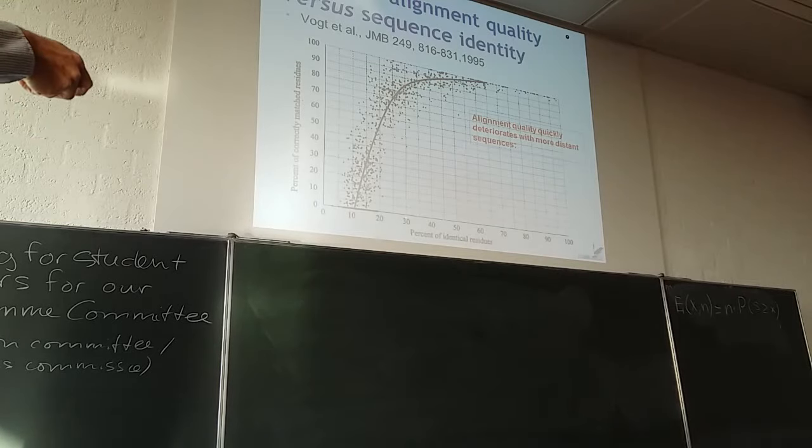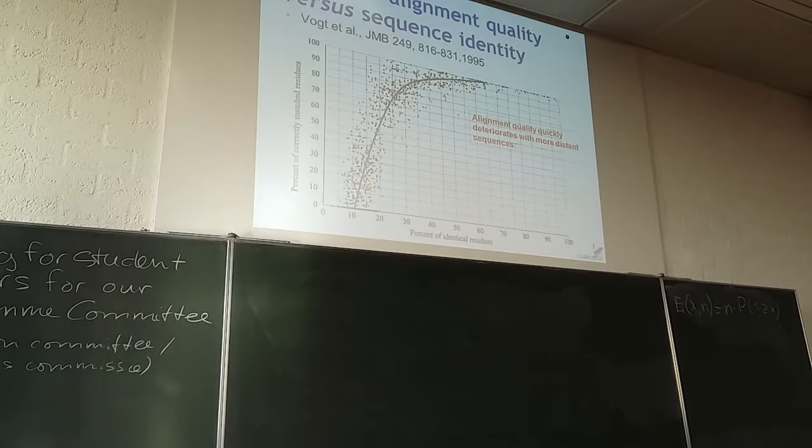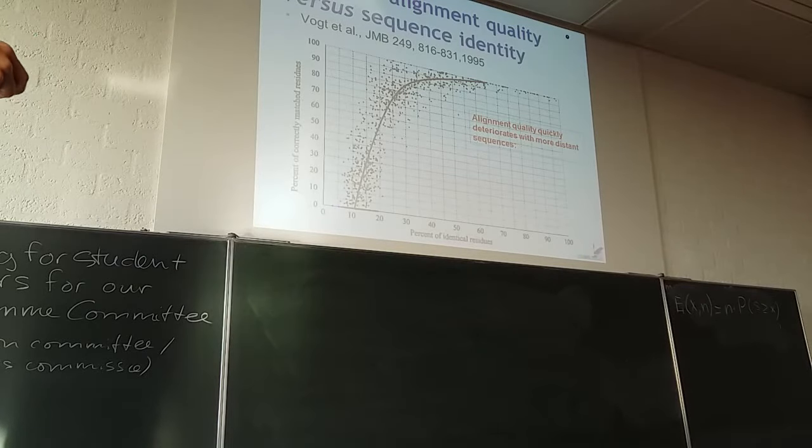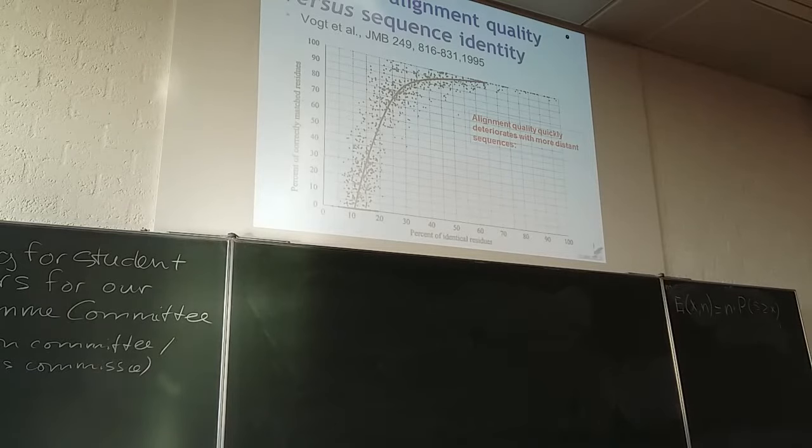Even down to 30%, you can see that in most cases you'll still have 80 to 90% of the alignment correct. Only if you go below this does it very sharply deteriorate. So at 20% identity, you're down to roughly 50% accuracy in your alignment. At 10%, you're too close to random. It's going to be next to impossible.